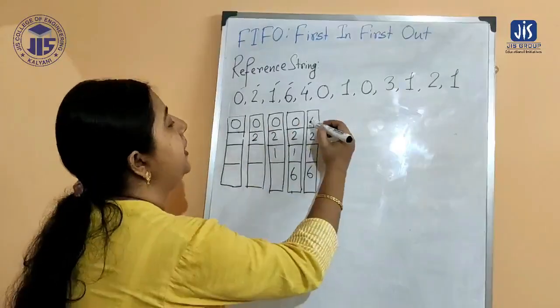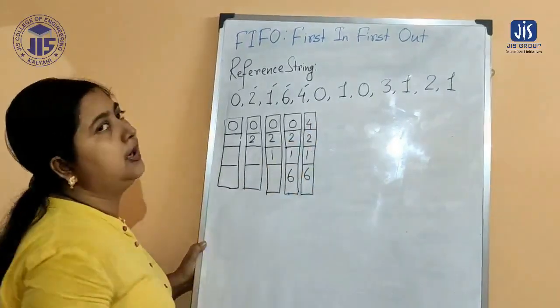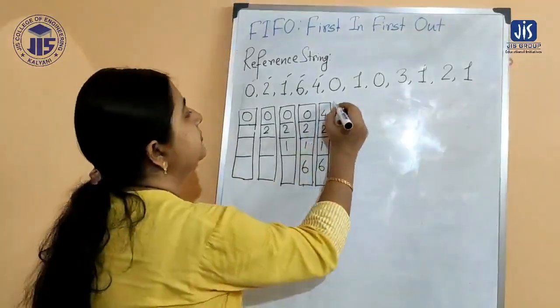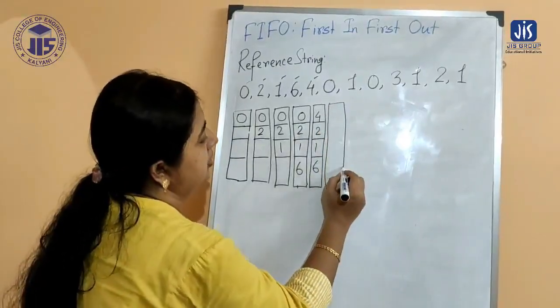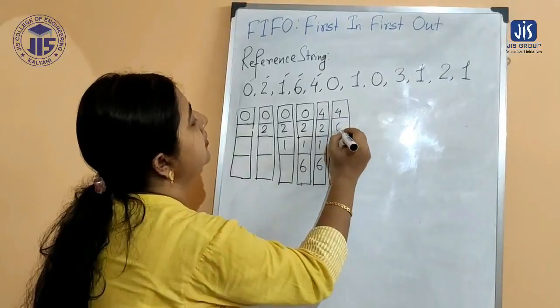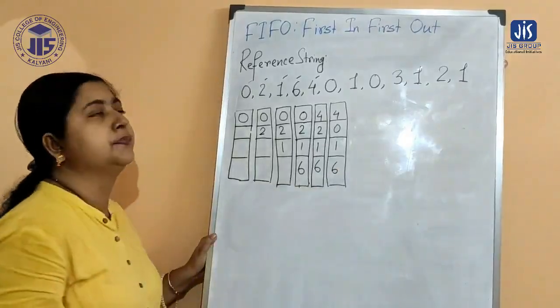Obviously 2, because among all these 4 frames, 2 is the oldest one. 2 was loaded first, so 2 is going out. So now we have 4, 0, 1, 6.